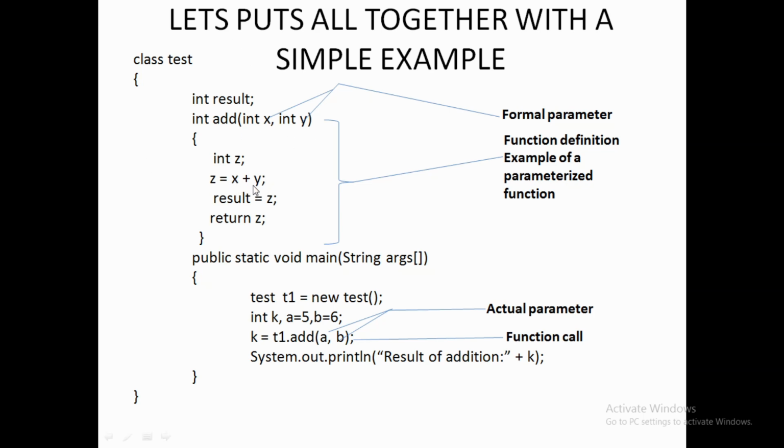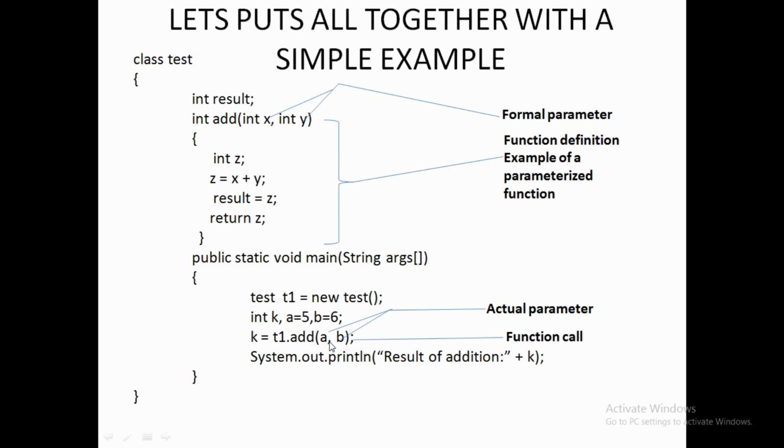It calculates the addition of these two values, stores the result of the addition into its field or instance variable, and then returns the value. Now this is the function call. As you can see, to call a function we have used the object t1 of the class test, and using the dot operator, which is known as membership operator, we have called that add function.